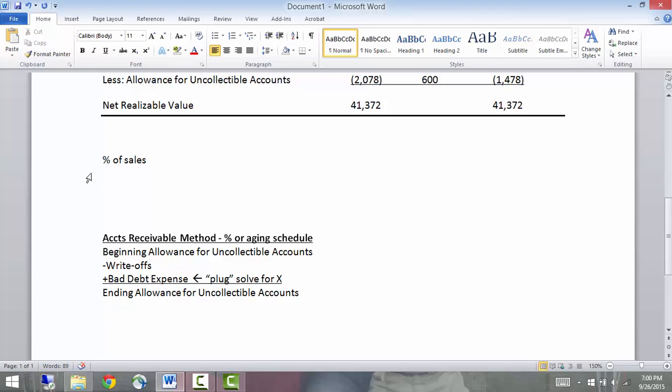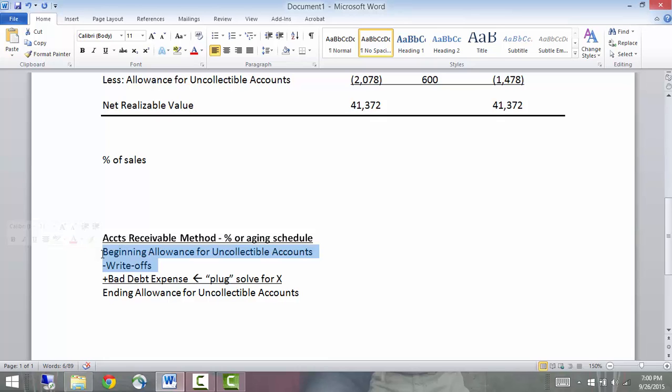So if you ended up, and one other thing I forgot to say here, you will usually always have an ending balance in your allowance account because it's an estimate, so you're not going to estimate exactly right. So for the prior year, you're going to have either overestimated or underestimated, right?